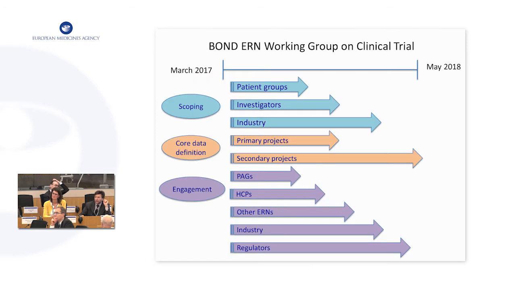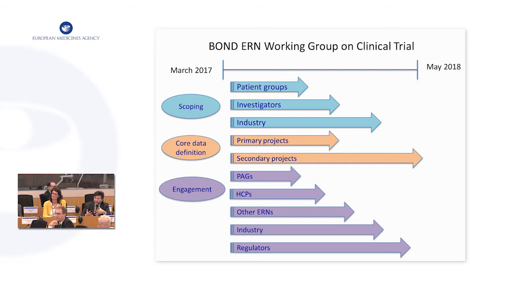Why do that? Because inside our ERN, we have a working group on clinical trials that is now working on collecting the real needs of the patient, but not only of the patient. We are working also on this kind of scoping exercise among the patient, the investigator, and the industry.